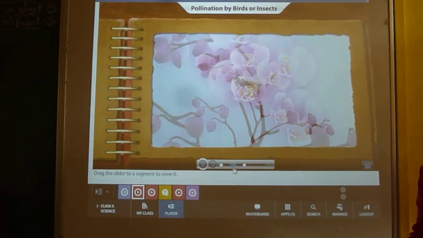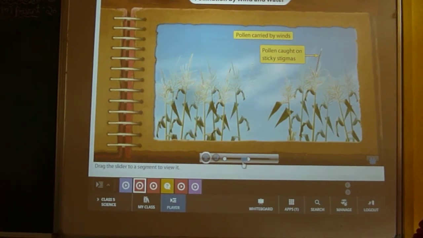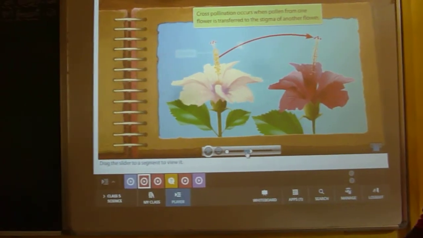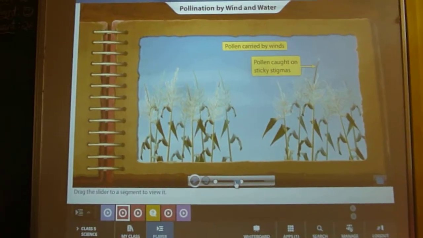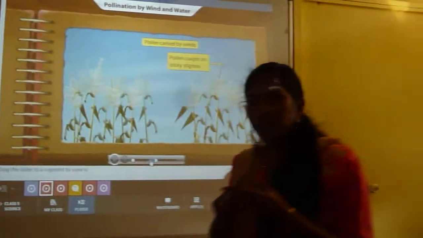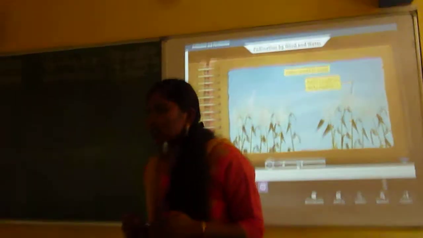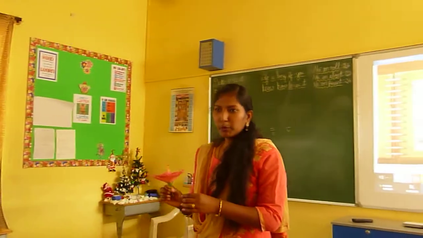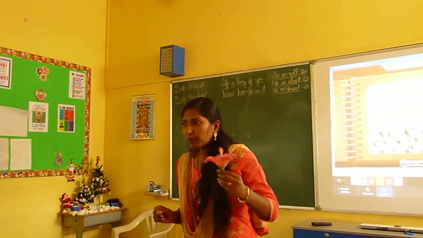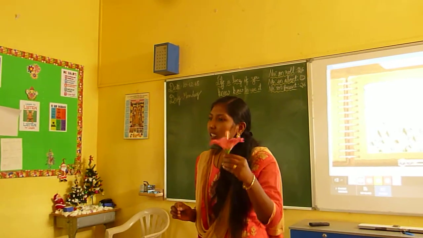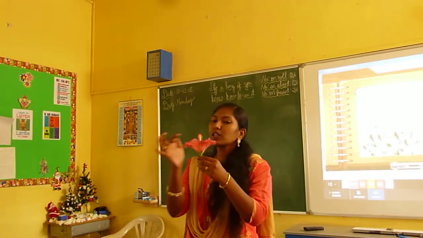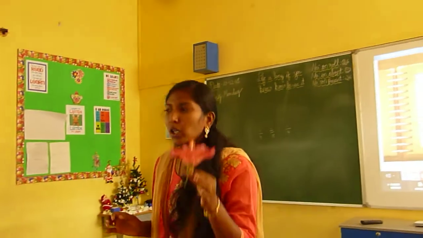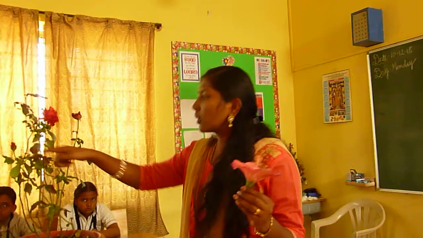So next, there are two types of pollination. How many types of pollination are there? Two types of pollination. One is called cross-pollination and the other one is called self-pollination. So first let us see about self-pollination. Self-pollination is the transfer of pollen grains from the anther to the stigma of the same flower or flower borne on the same plant.